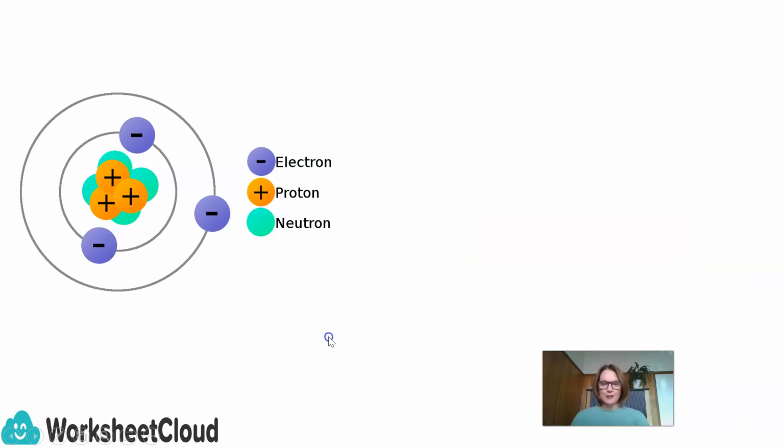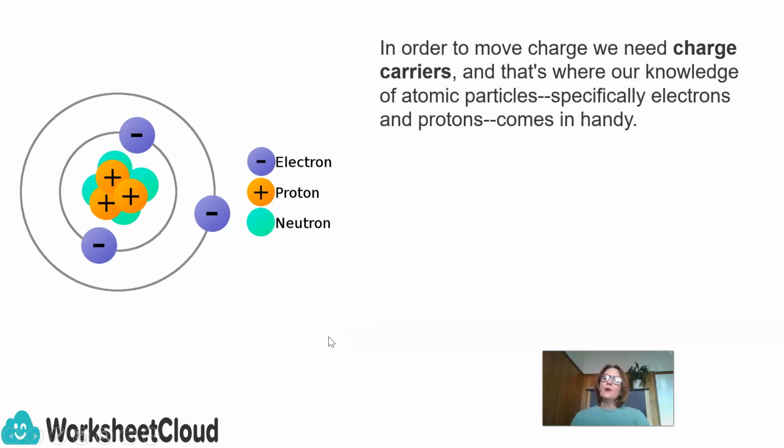So let's take a closer look at this atom. In order to move charge, we need charge carriers, and that's where our knowledge of atomic particles, especially electrons and protons, come in handy. Again, just to recap, because this is all new to you and it's a lot to take in. On the outside of our atom, we have the electrons, and in the nucleus of our atom, we have the protons and the neutrons.